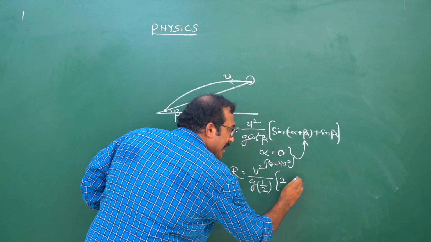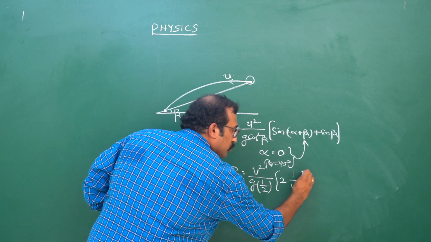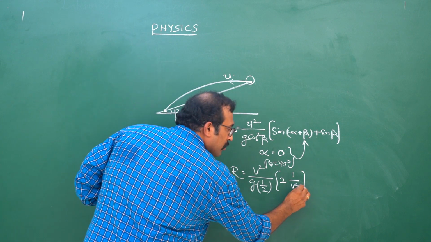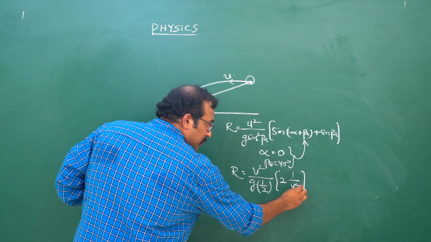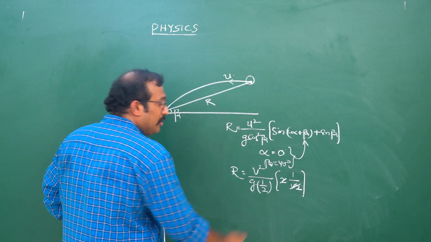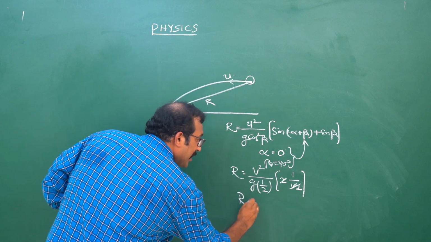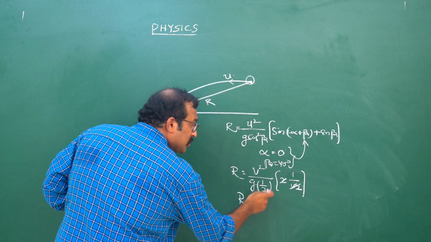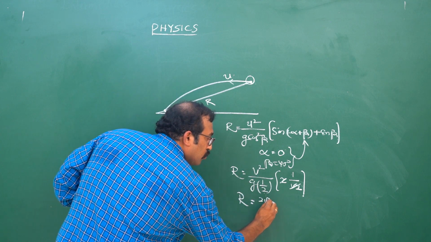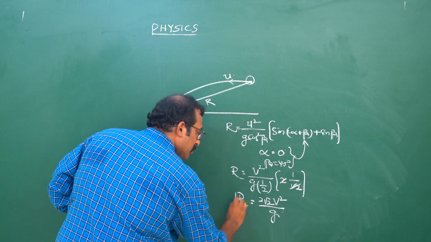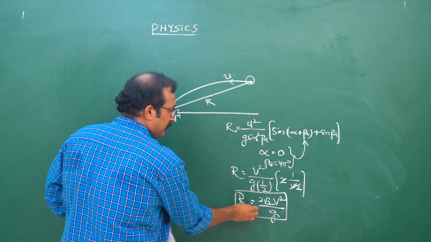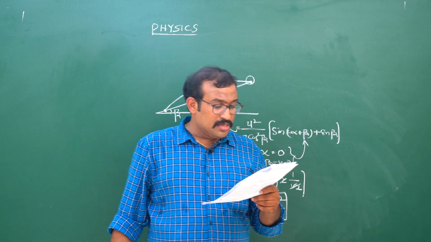Sine 45 we directly write as 1 by root 2. Therefore, this gets cancelled and you will get root 2. So range is equal to 2 root 2 v square by g. So this is our result. So our answer is the second one.